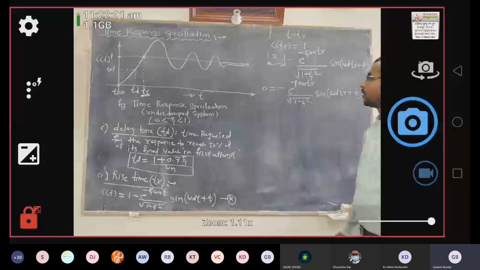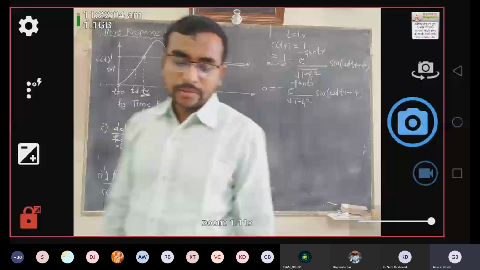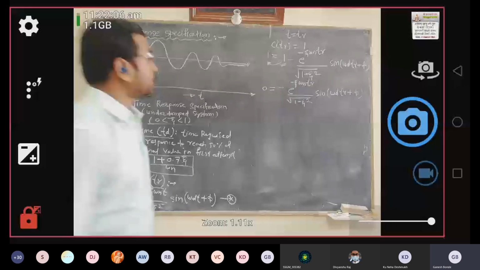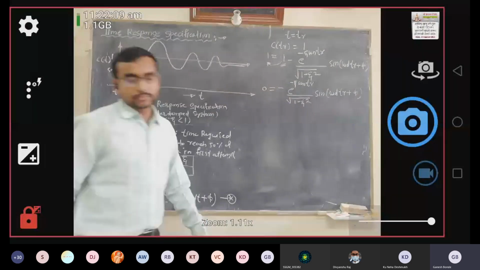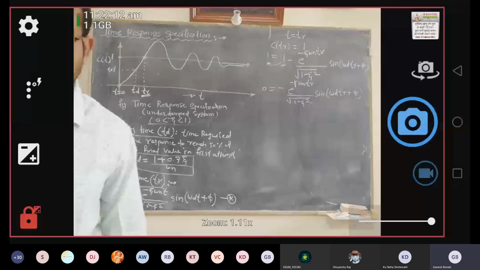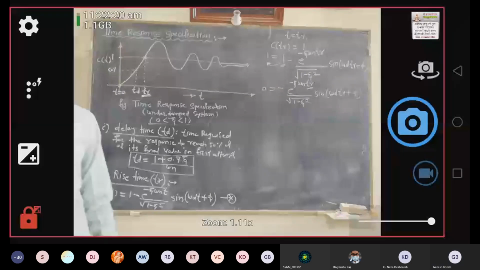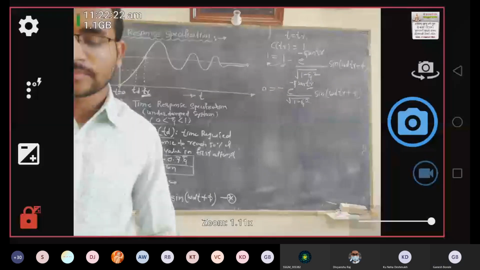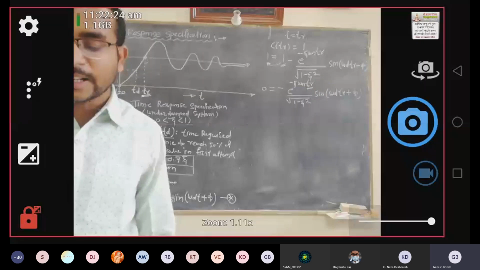Correct? Then how will you determine the value of TR from this expression? Anybody? What assumptions do we have to make in order to determine the value of TR? What do we have to do to determine TR?